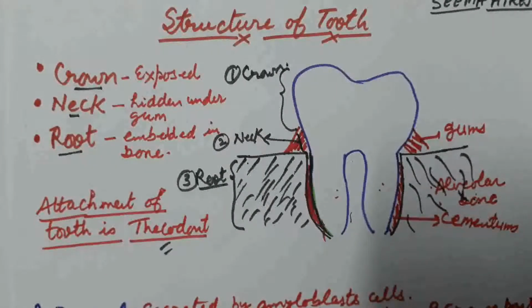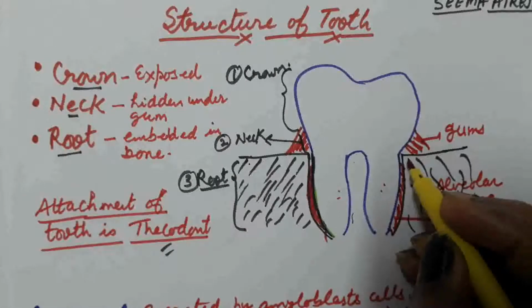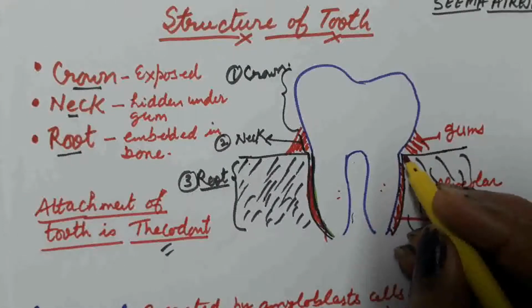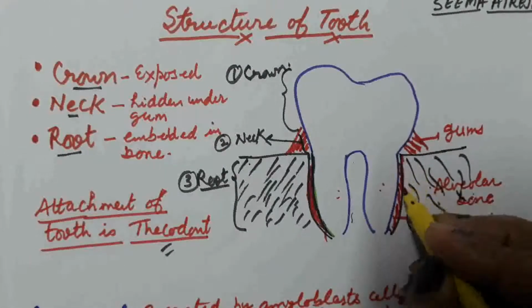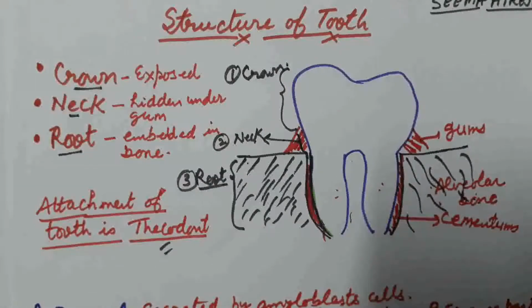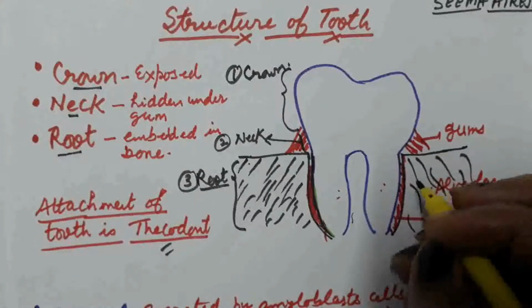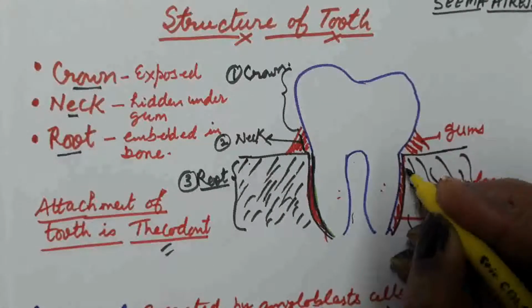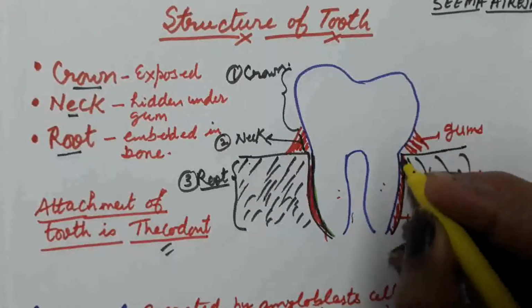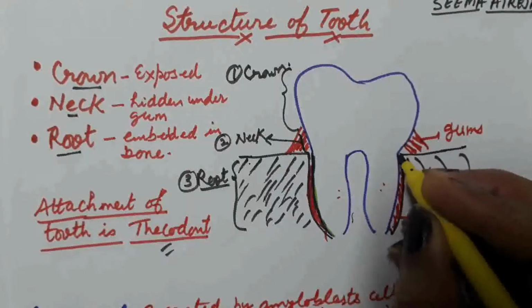One more layer is present outside the cementum, inner to the alveolar bone. We call it the periodontal membrane.